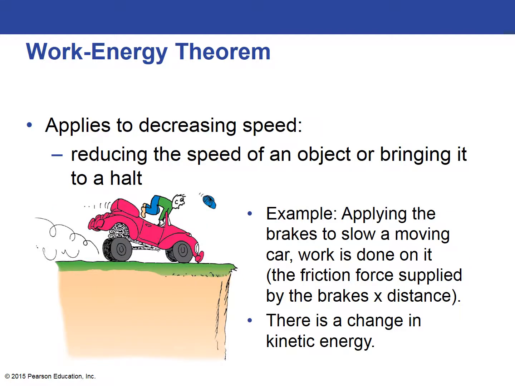Now, this slide tells us that the energy theorem also applies to decreasing speed as well as increasing. In this case, we have an automobile headed towards a cliff, and it's imperative that the car stops before reaching the edge.